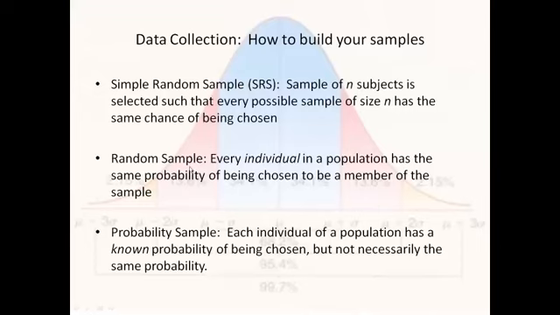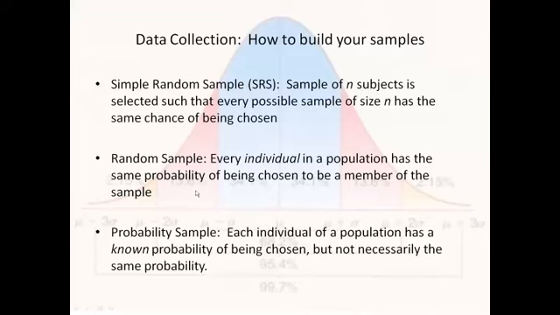And the reason we do stuff like that is, let's say that I'm trying to test some gifted kids, okay? And I know that my gifted population is 10% African American, 20% Asian, 50% Pacific Islander, and the rest are Caucasian.